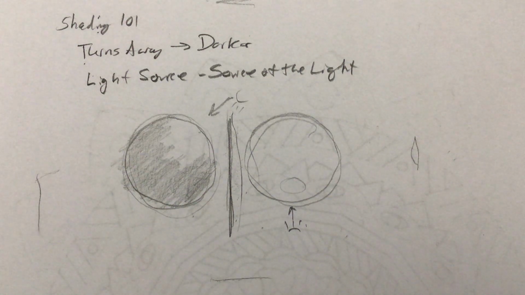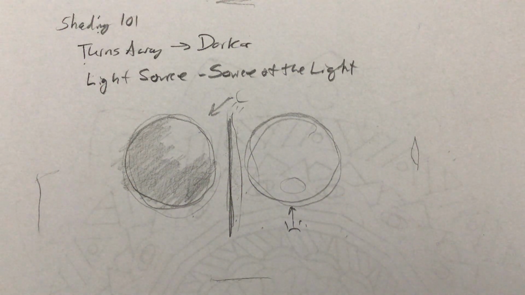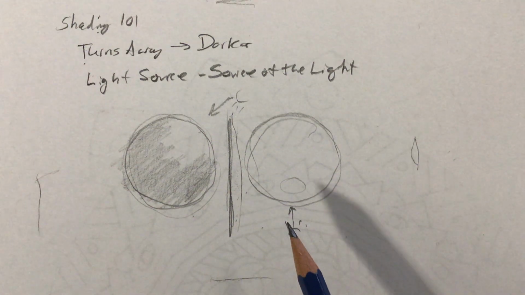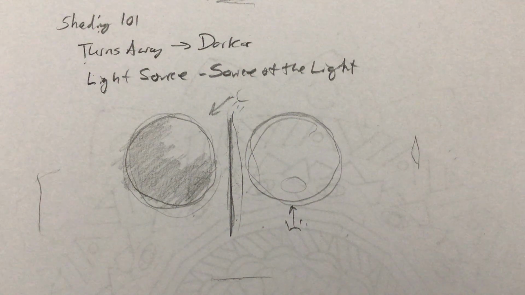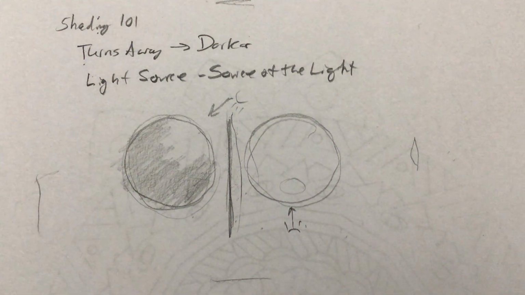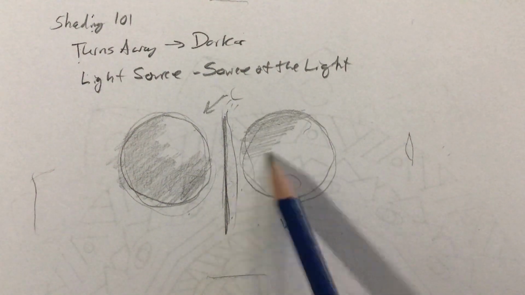Give you guys some time to do that. Jamie, I need you to follow along. Okay, Jaden, for the second circle, where's the lightest part going to be? Middle? Okay, thank you.